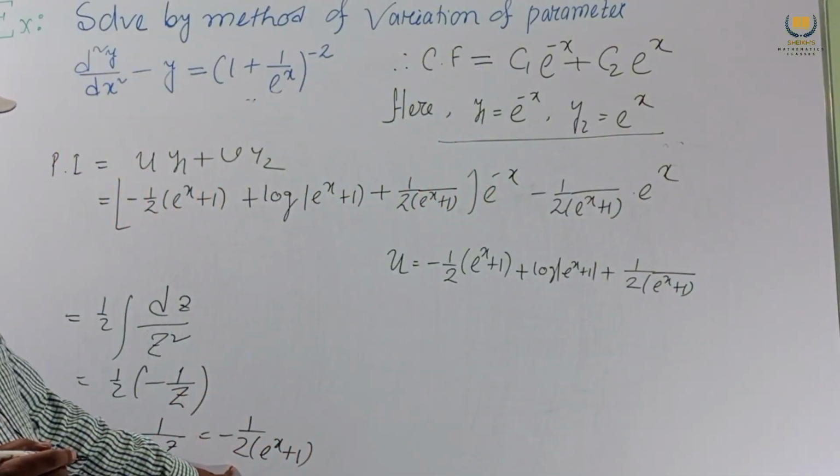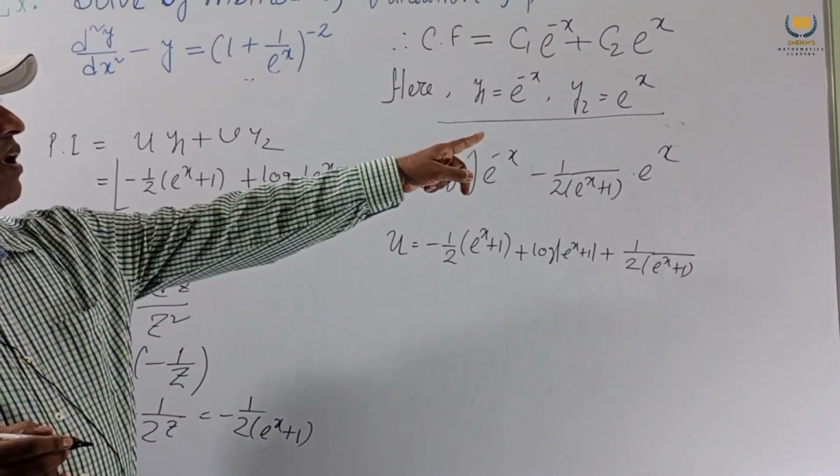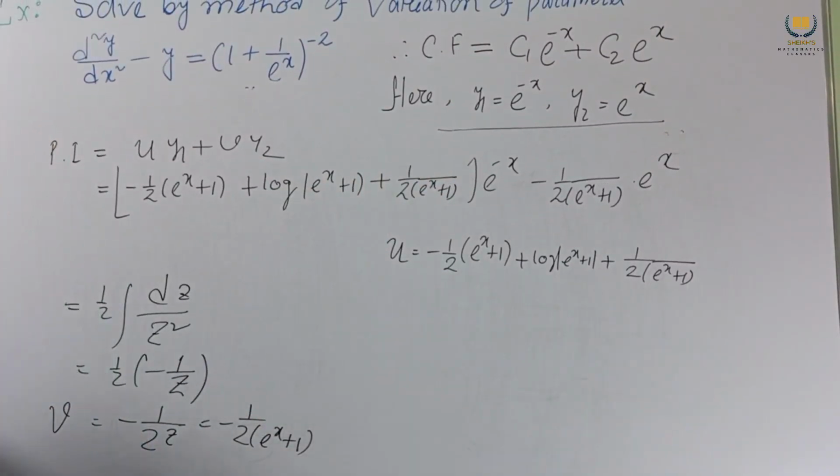These are v, and y2 means e to the power x.